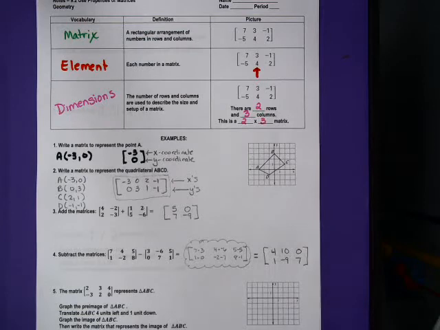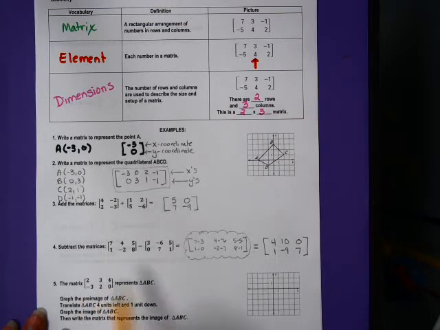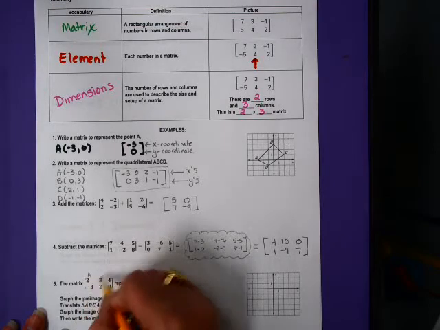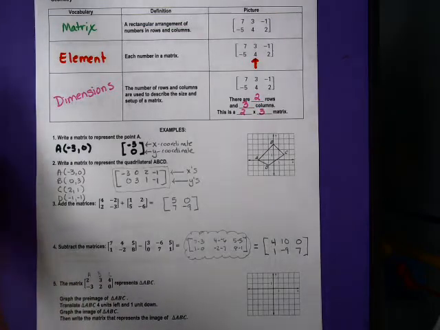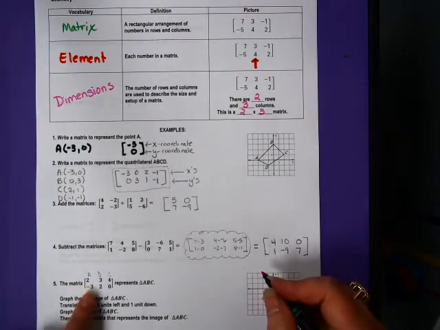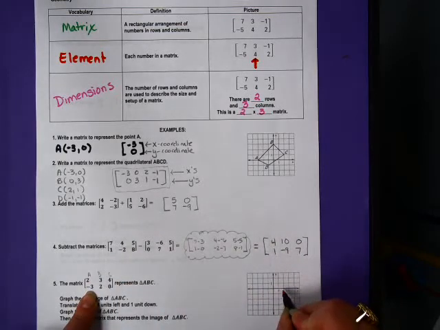All right? Now, here we have the matrix, and this matrix represents triangle ABC. So remember, this is point A, this is point B, and this is point C. We're going to start by graphing. It says graph the pre-image of ABC. Remember, these are the x's and these are the y's. So 2, negative 3.